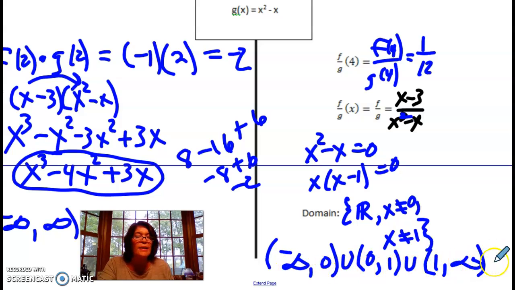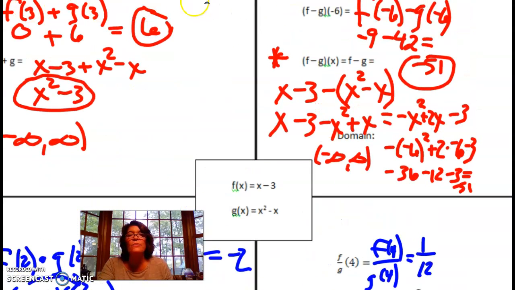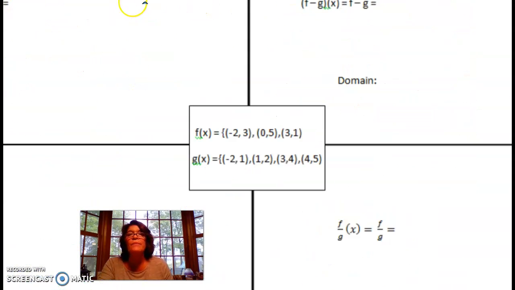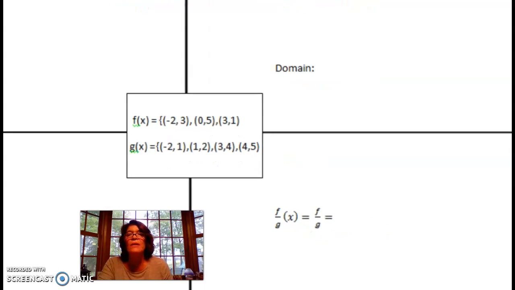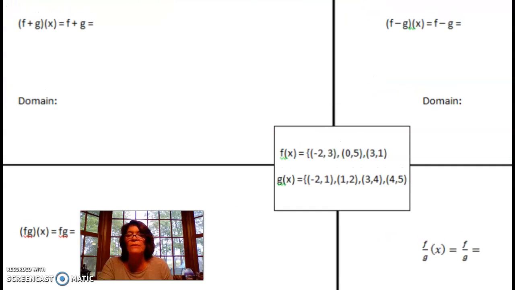That's how I'd have to write it in interval notation. That shows all real numbers except 0 and 1. Okay? So that's operations with functions when the domain is all reals, if we're lucky enough to have a domain of all reals. Okay, let's try it on your next page.